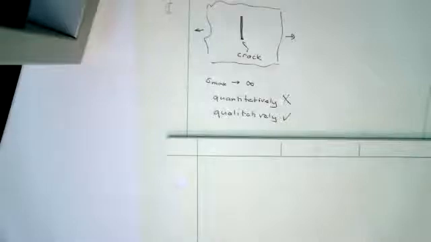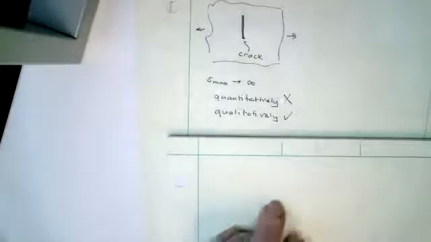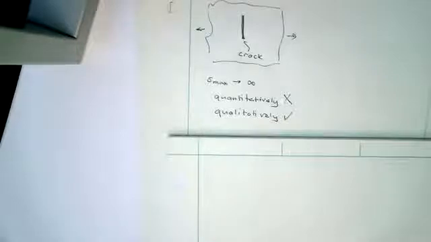Well, when the hole gets very small, the atoms on either side of the hole start to see each other. They have the same law that they have in the bulk of the material, where these atoms are connected to each other. When they get very close, they start to see each other again. And so the stress-free boundary conditions that are used in the elliptical hole problem stop applying.